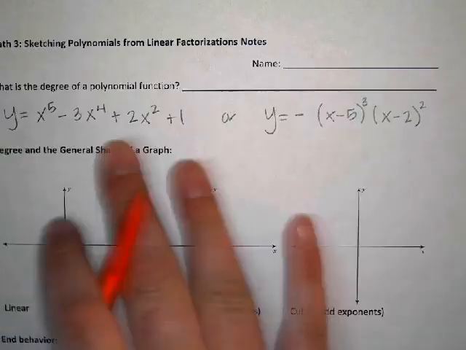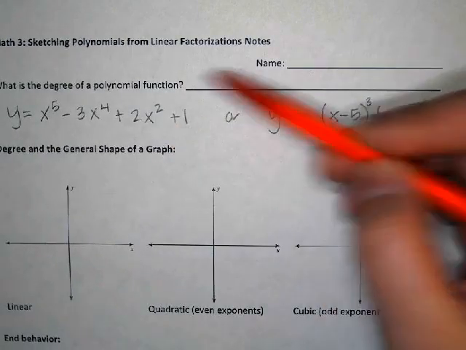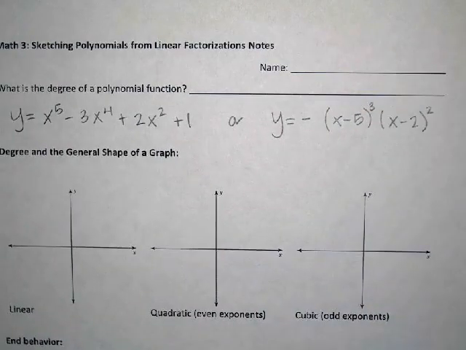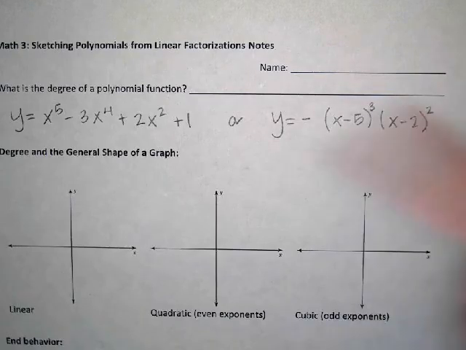So we can see two different ways of writing these equations, and they're both polynomial functions. They're both going to look like a graph where it kind of swoops up and down multiple times, so those kind of curvy graphs. And both of these graphs actually have a degree of 5.